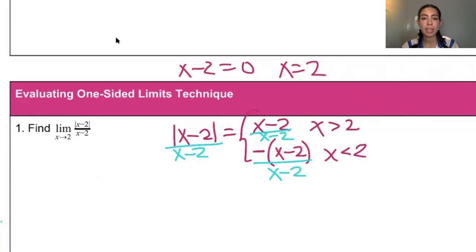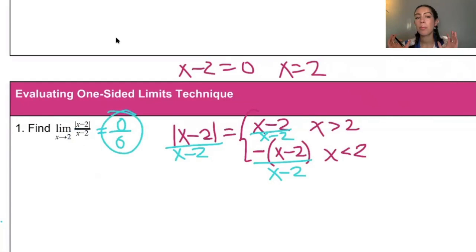And I actually skipped the first part, which is direct substitution. But you can see here, when you do direct substitution, you're going to get 0 in the denominator, as well as 0 in the numerator. So this is 0 over 0, which is why we have to go into this next method.